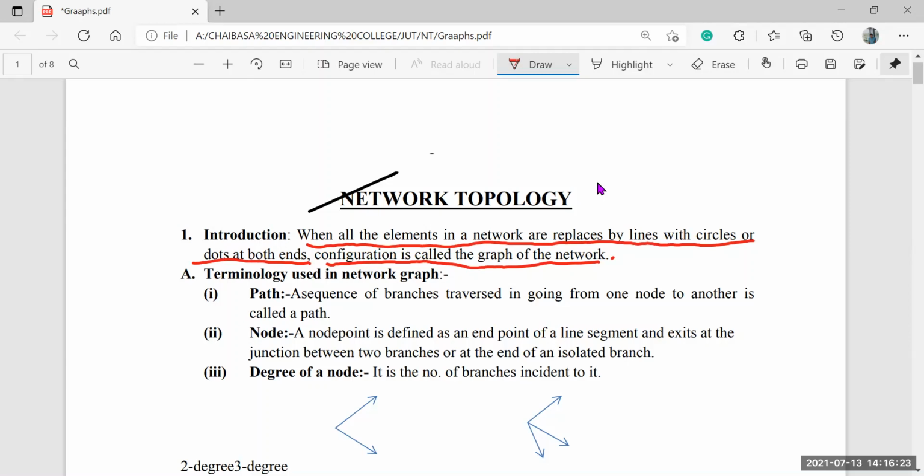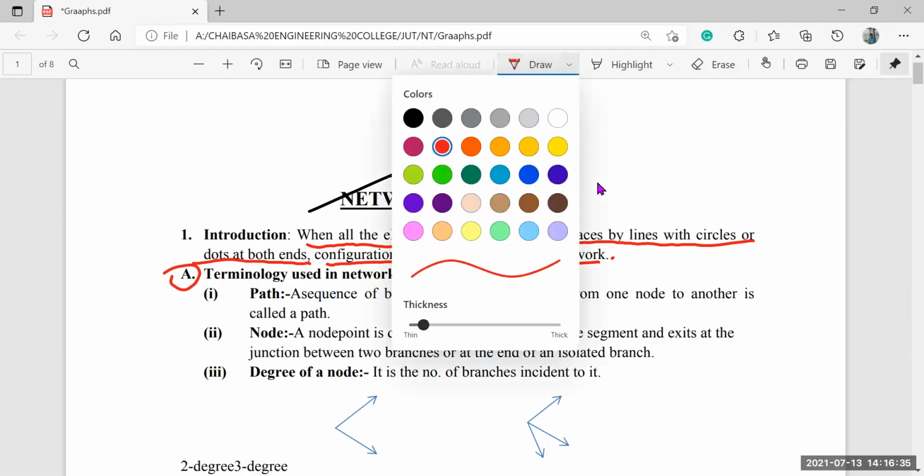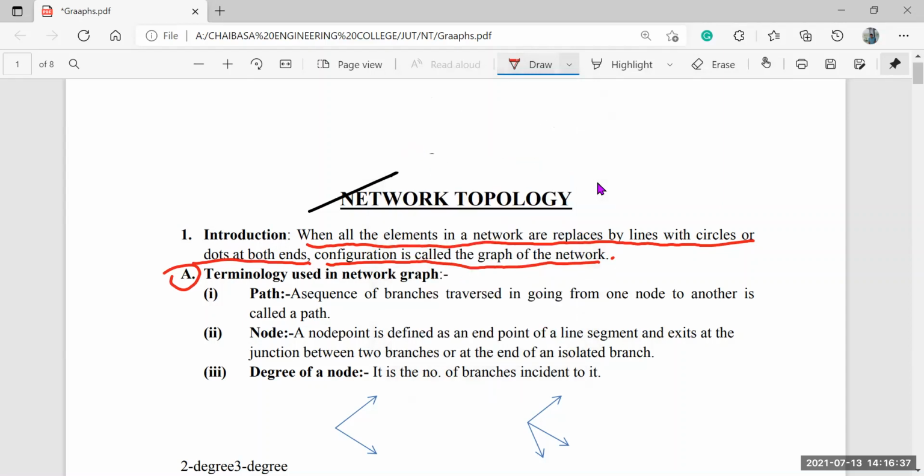Okay, the important terminology that is used in this network graph, and it is very essential to have that segment to know. Okay, we'll see that part.